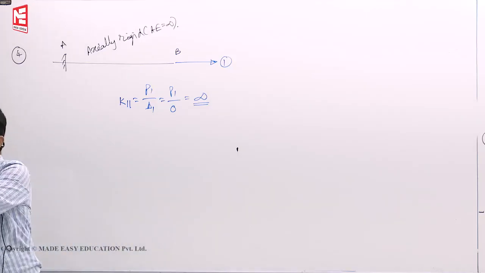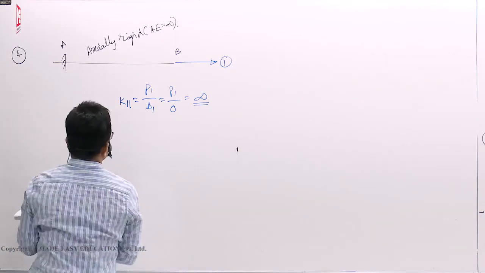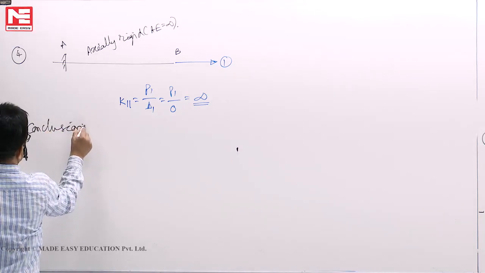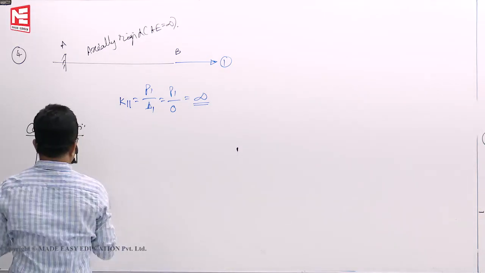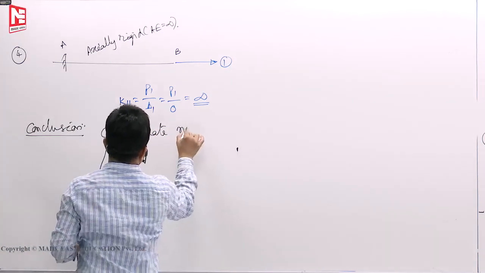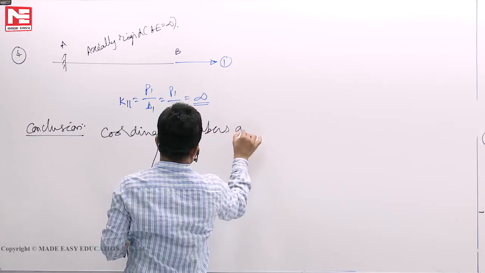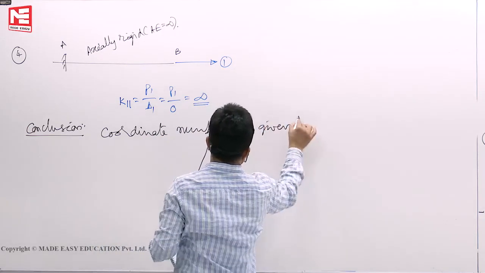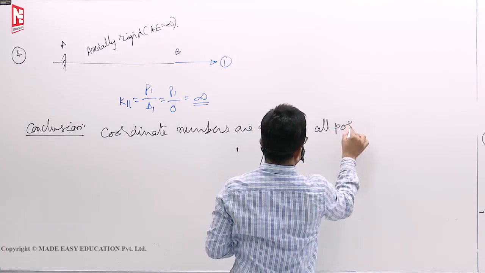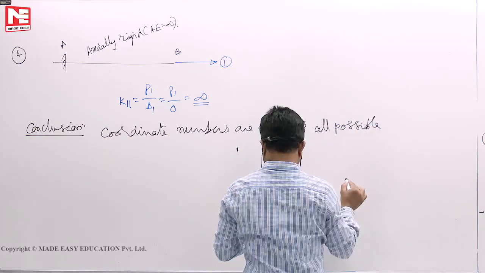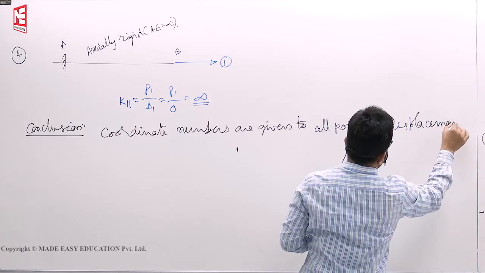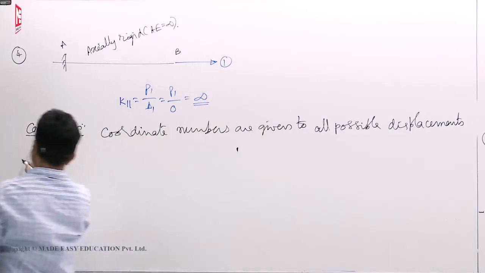Okay, so conclusion. Coordinate numbers are given to all possible displacements only.